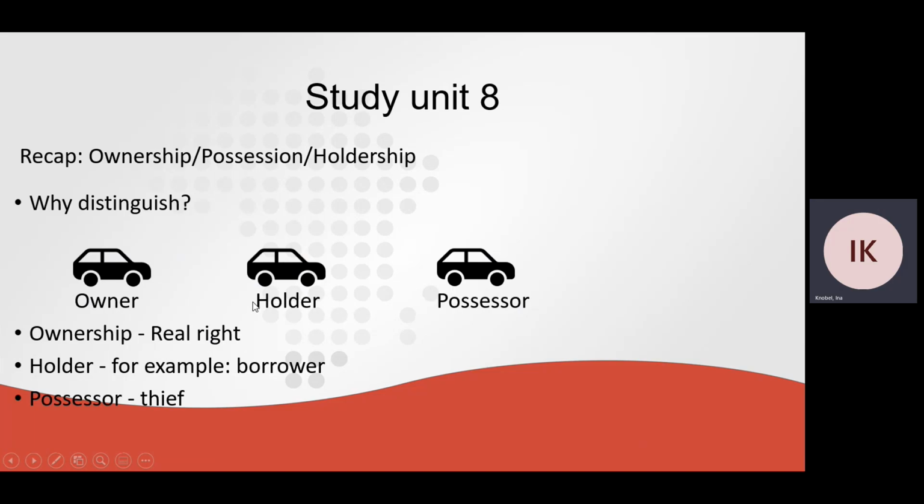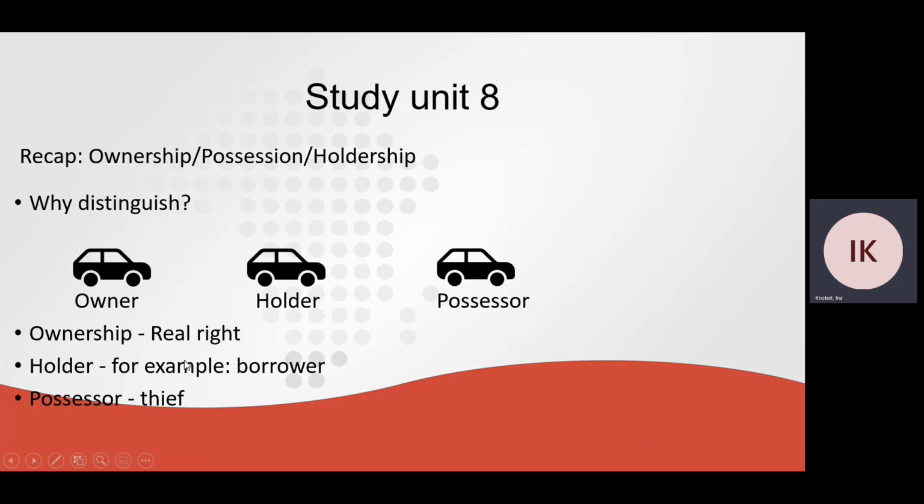And as we go along, you will see that a holder has the intention of deriving some kind of benefit from that thing. So for instance, if my car breaks down and I have to take it in for a service and I really need a car, I can borrow a car from my friend, but that doesn't make me the owner. It gives me some kind of real relationship towards that thing, but it's not ownership.